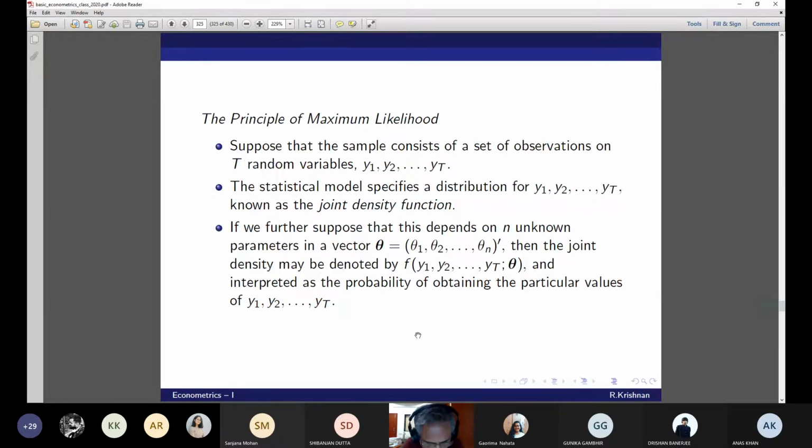At this point, I will ask you a question. How would you proceed? You are interested in finding the probability of obtaining the particular values y1, y2, yT. How would you proceed? Do you understand the question?